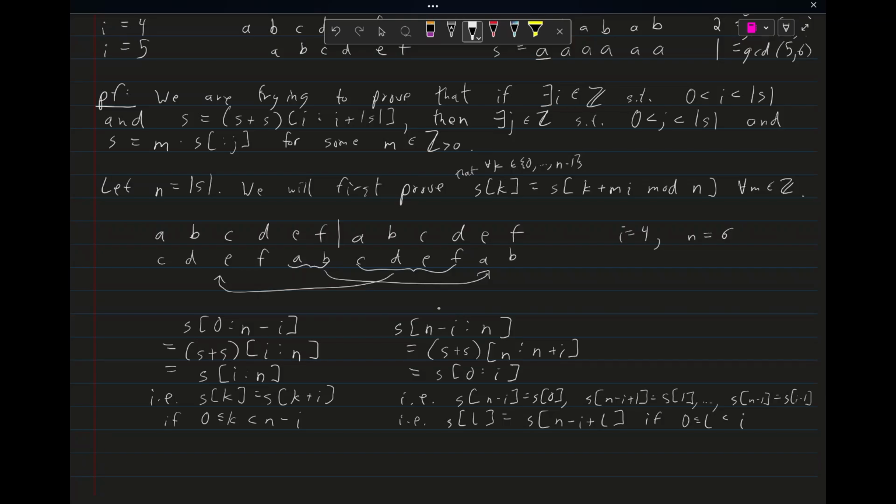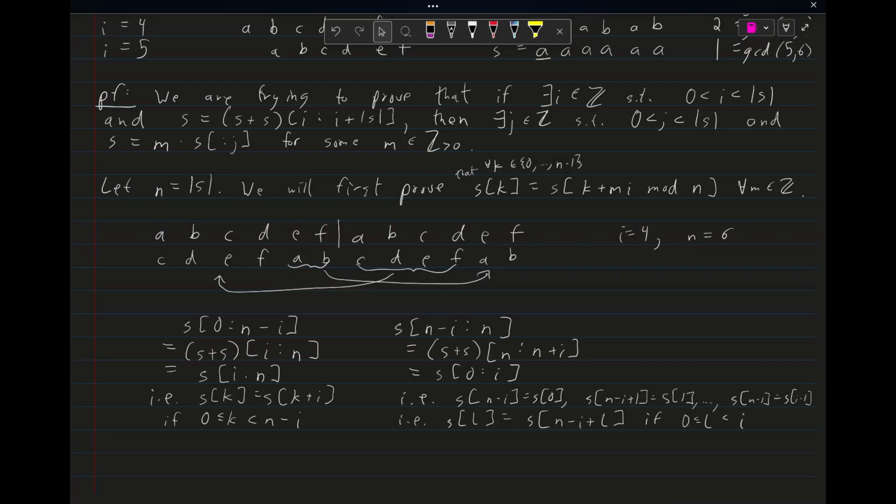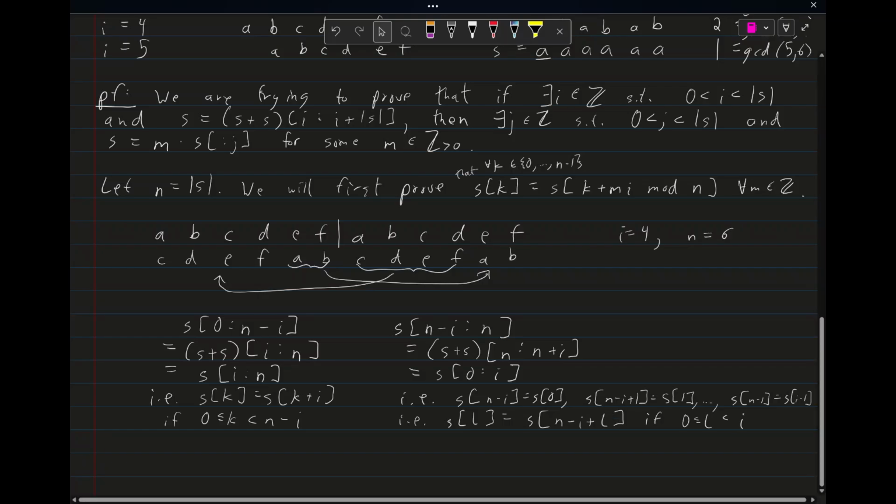And then if we do a substitution, because on the left we have a statement about 0 to n minus i, here I think we want to start from n minus i and go from there. So if we wanted L to equal n minus i, no, we want this to start. Okay, I'm going to continue with the proof and see how this helps us.